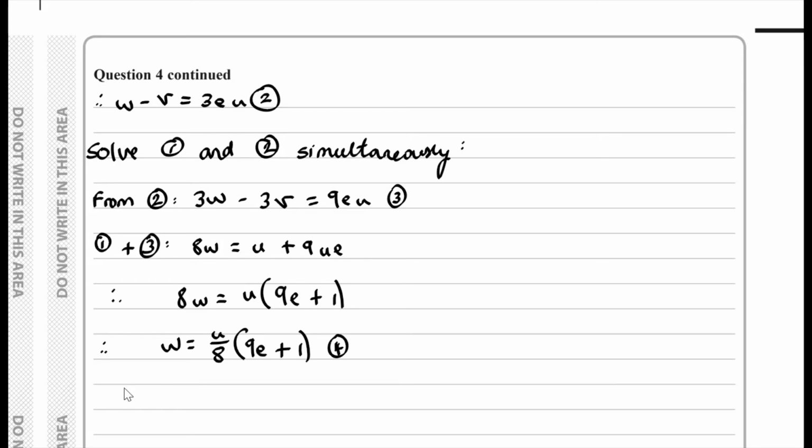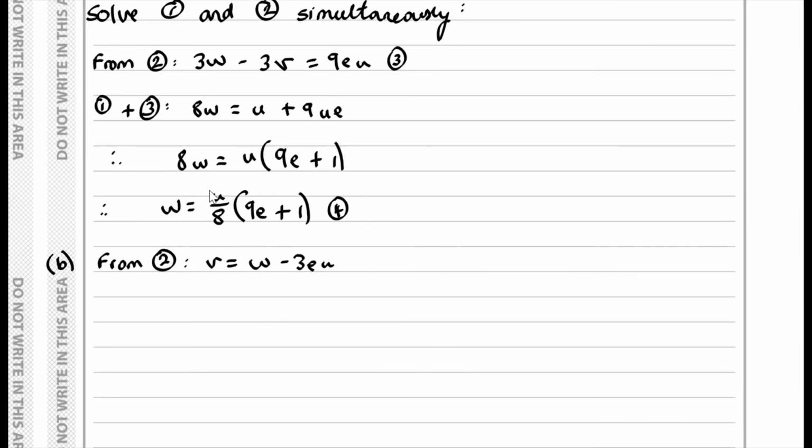Well, for part B, hopefully you can see that from equation 2, v is equal to w minus 3eu, and if we substitute in for w, v is equal to u over 8 lots of 9e plus 1 minus 3eu.